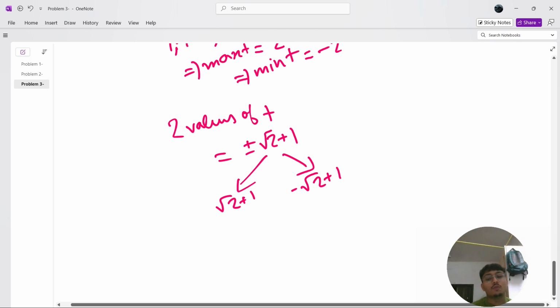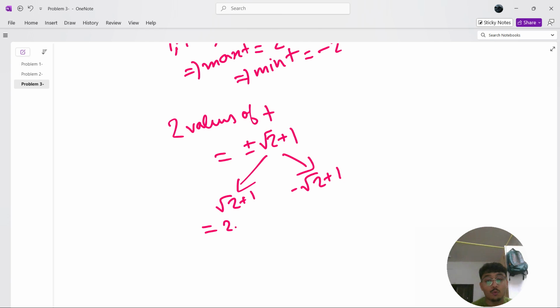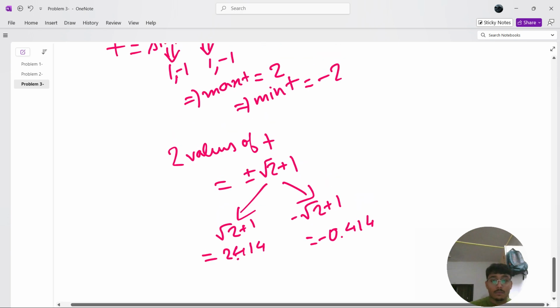Root 2 plus 1, so root 2 is 1.414 plus 1, which is 2.414, and minus root 2 plus 1 is minus 1.414 plus 1, which is minus 0.414.